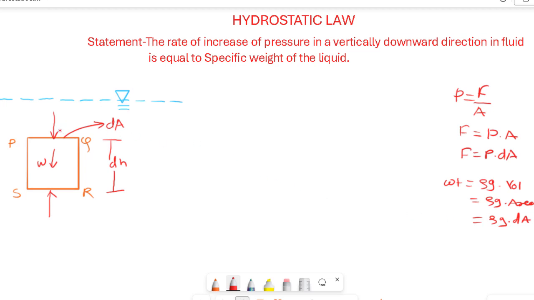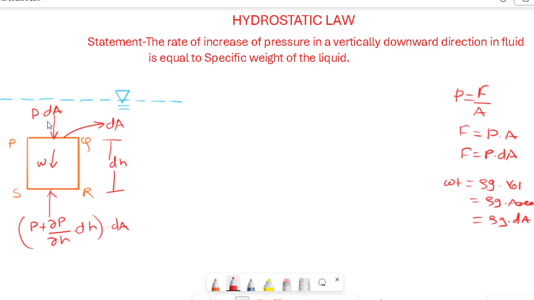Okay, now let us see the forces acting on face PQ and RS. So force acting on face PQ will be P into dA, just like this, pressure into area, and on SR the pressure force will be P plus dP by dH into dH into the area, that is dA.